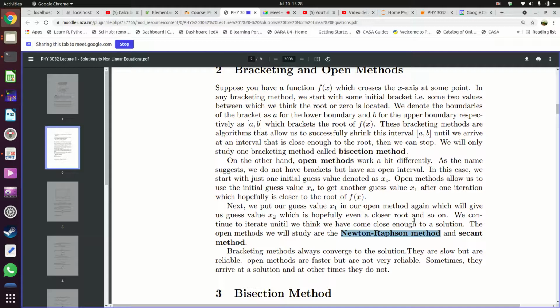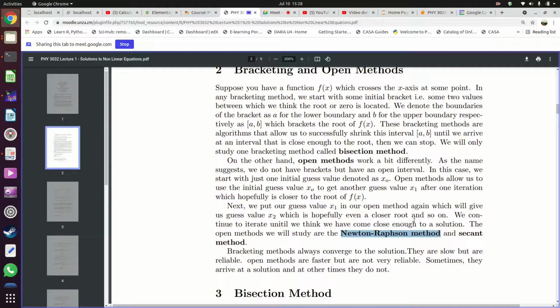The advantage of the bracketing method is that if you have chosen your bracket correctly, in such a way that you are sure that the function passes between your brackets, then you will always find the answer. Are we clear? If you have chosen the bracket properly, you will always find the answer. It's going to be slow, but it will always give you an answer.